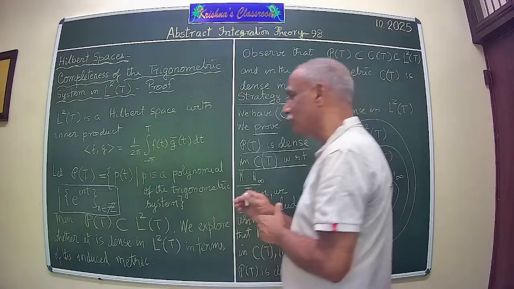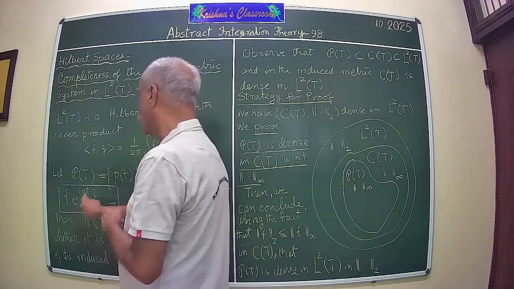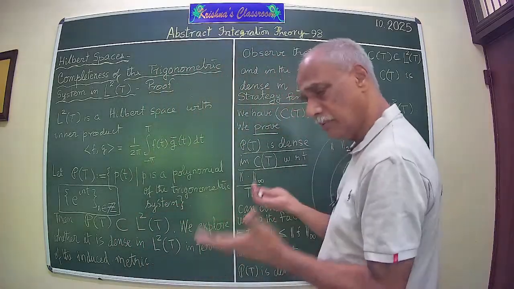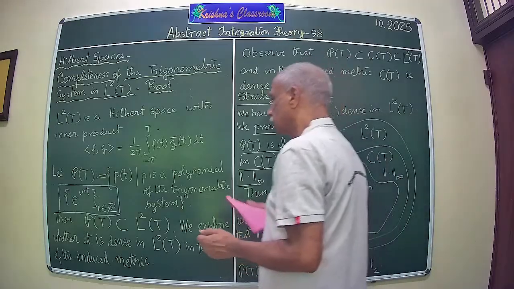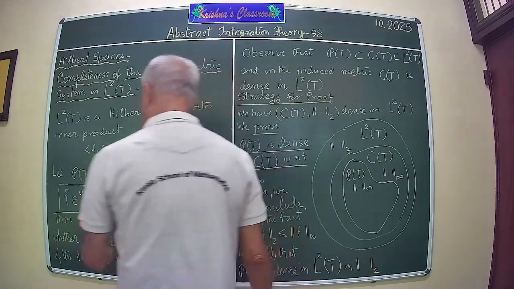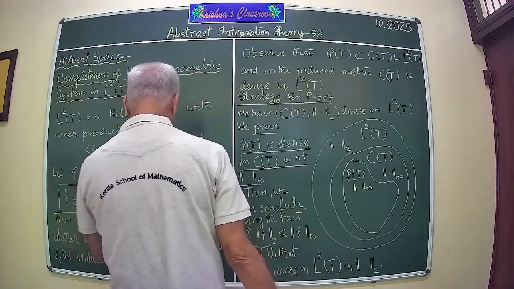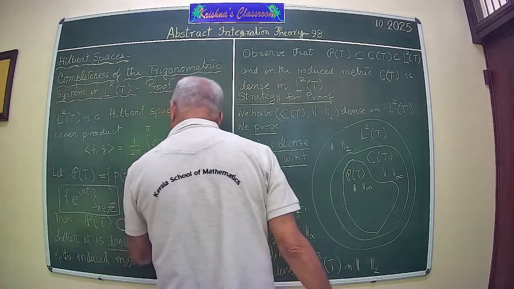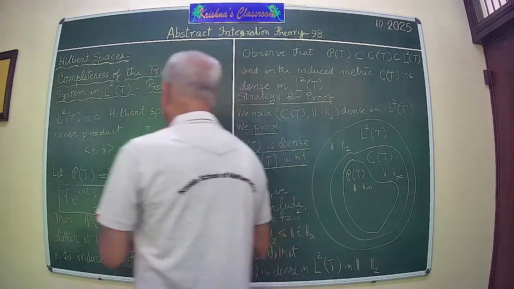It is if and only if the set of all finite linear combinations of e to the power int is dense in L2(T). So we will use that. Now what we have is that P(T) is contained in L2(T), and we explore whether it is dense in L2(T) in terms of the norm.